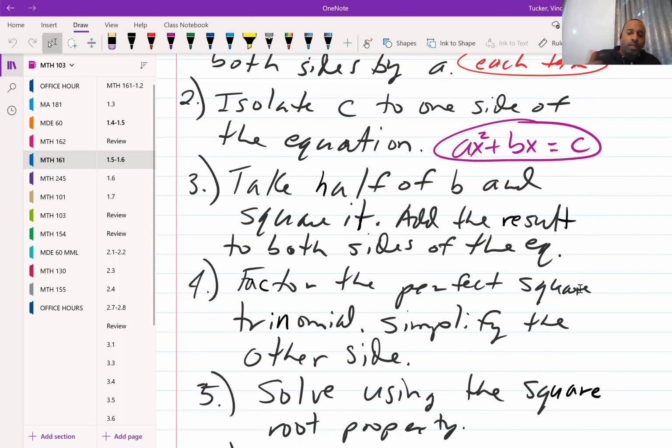So we'll talk about that when we actually do it, if you don't remember what the square root property is. So that's fine. Don't worry about it. We'll talk about it.